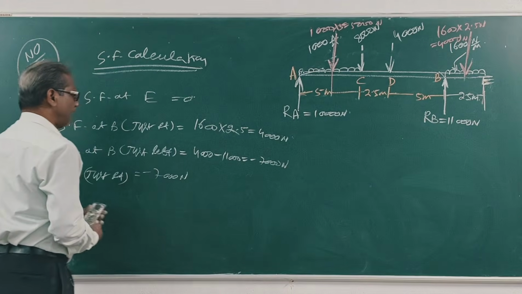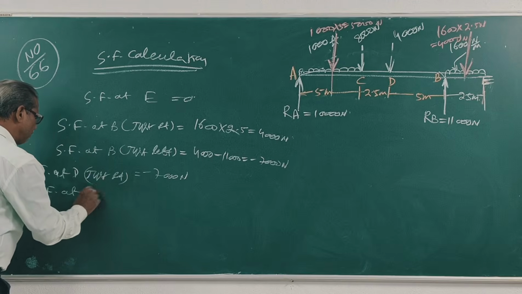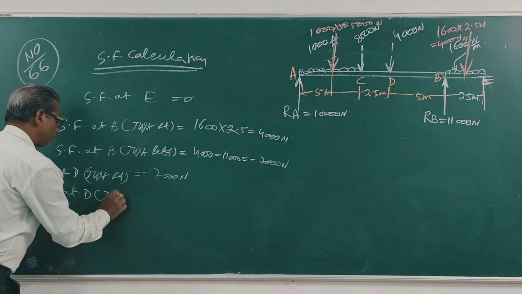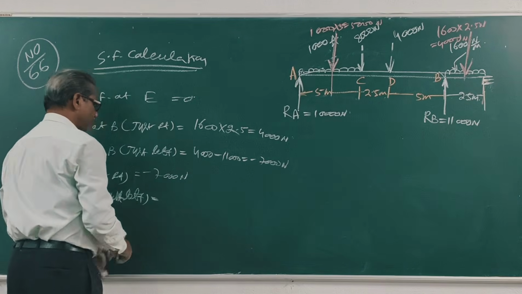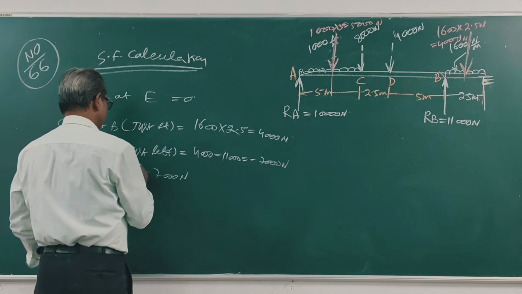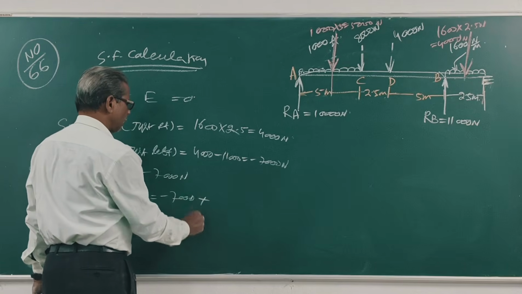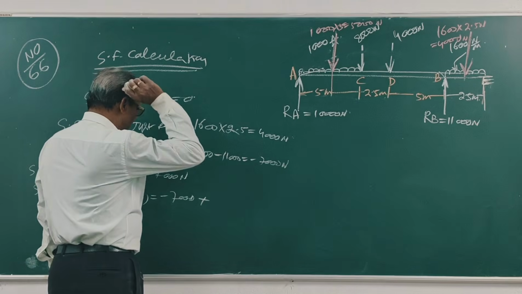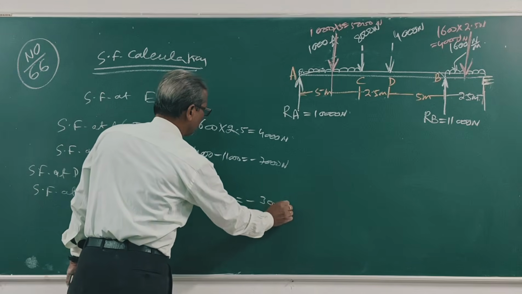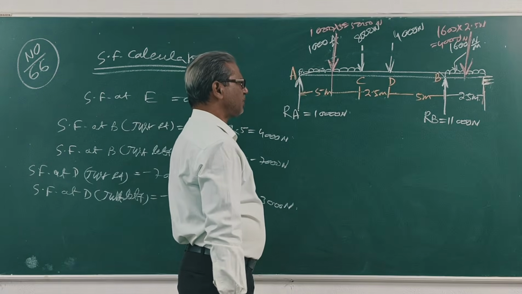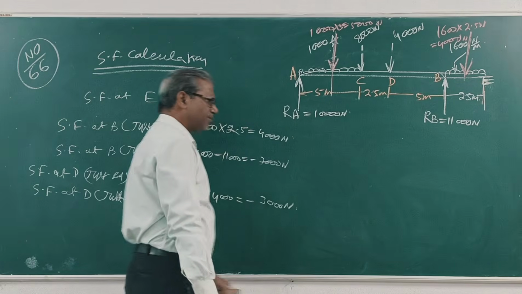Shear force at D just left: minus 7,000 plus 4,000, minus 3,000 Newton. D just left and C right are the same.